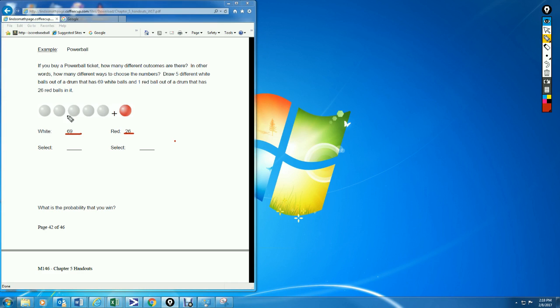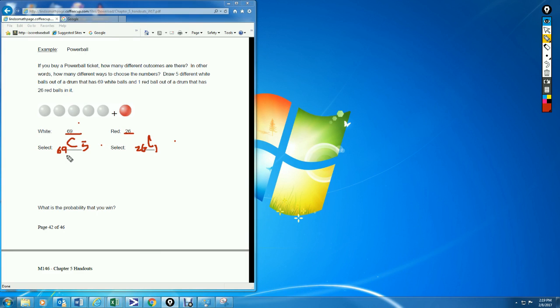So in other words, I want to choose 5 numbers out of these. And they don't have to be in order. So I just want to do a combination of 69 numbers, taken 5 at a time. And then here, I want to just choose 1 number out of 26. So that would just be a combination of 26 numbers, taken 1 at a time, and then we're going to end up multiplying those.